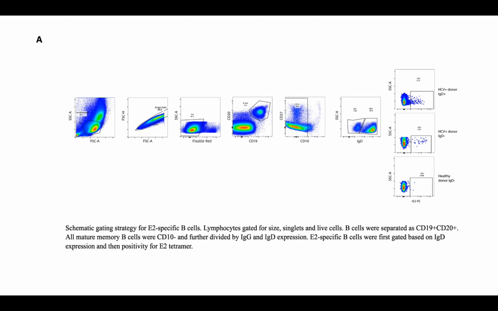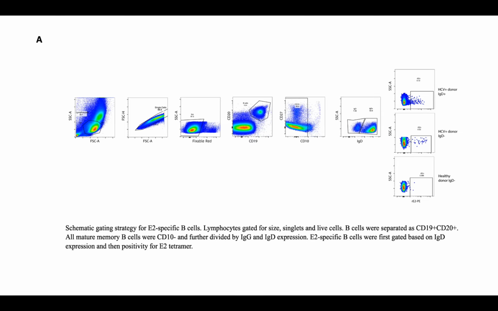So this is the gating strategy that we used for isolating the memory B cell type. We got the single cells, and then we used CD19, CD27 positive cell types, and then we had CD10 negative cells, and then further used CD27 positive cells, and then divided this into IgD positive and IgD negative to get the IgG positive cell types.